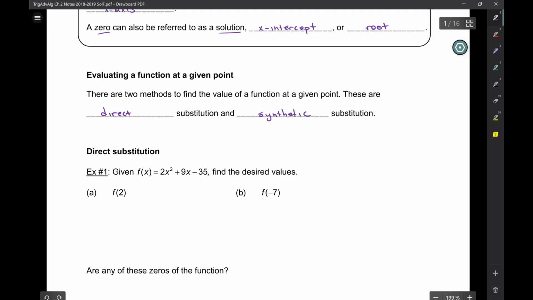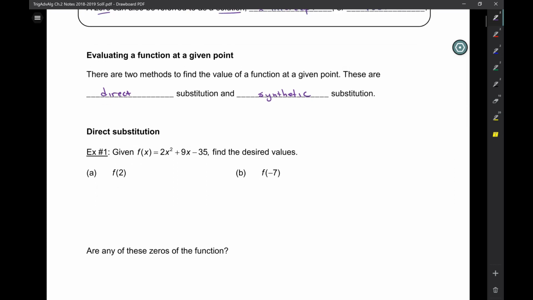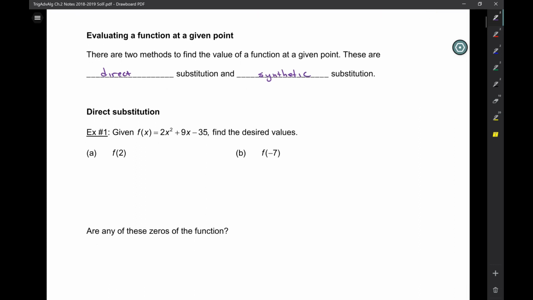Direct substitution is exactly what it sounds like. You just directly put a value into a function and get the outcome. So here we're going to do these using direct substitution.